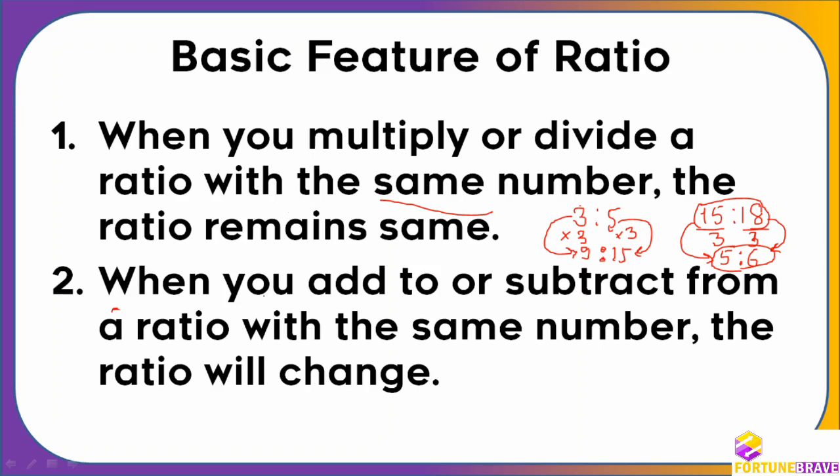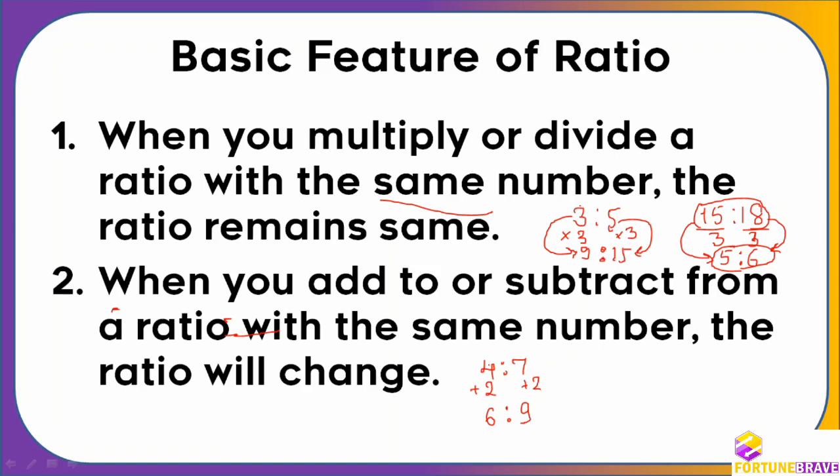Say for example, we'll take one more example here. This pen is not visible to me, so it becomes difficult for me to find out where it is. Say for example, 4 is to 7 is a ratio, and I add 2 plus 2. It will become 6 is to 9.